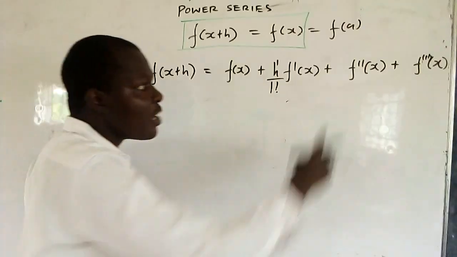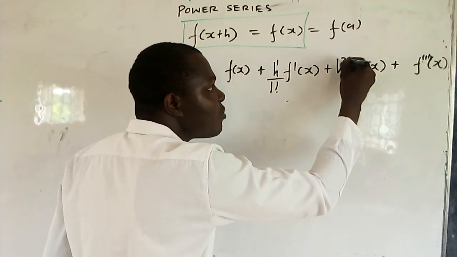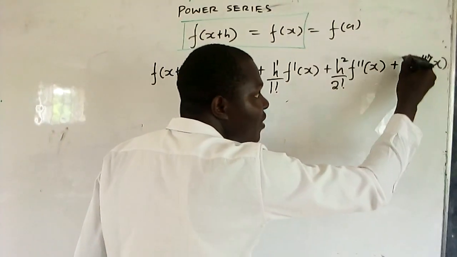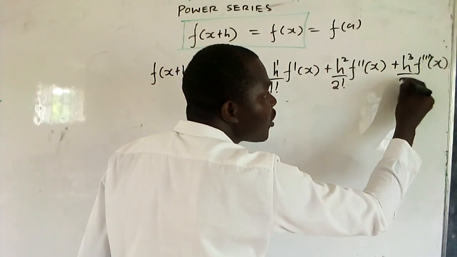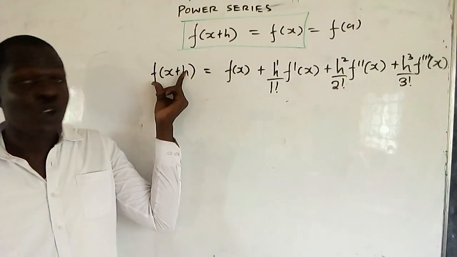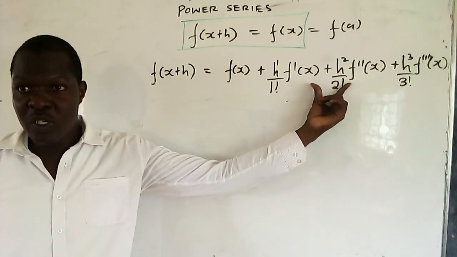If you differentiate it for the second time, you have h squared over 2 factorial. If you differentiate it for the third time, you have h cubed over 3 factorial. Are you seeing how it is easier to get the expansion of f of x plus h?